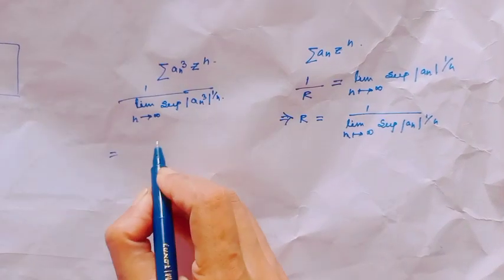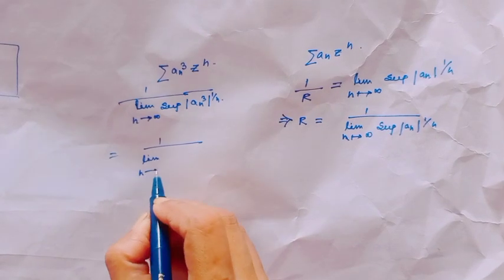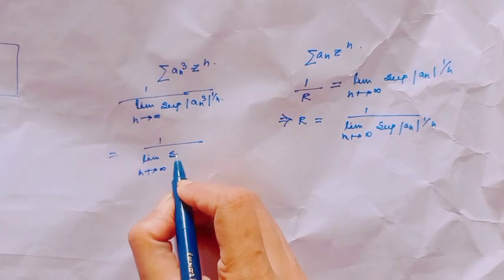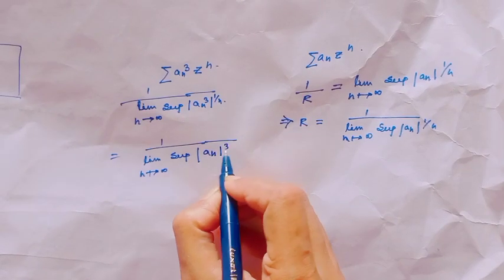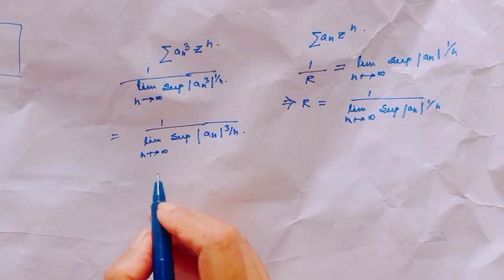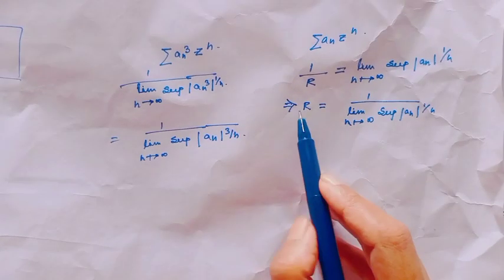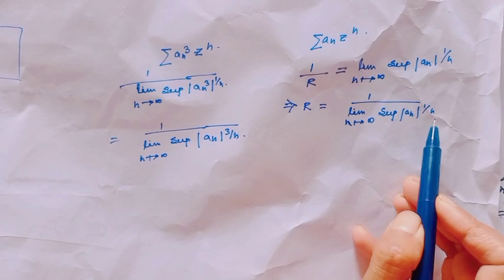Therefore, this is equal to 1 over limit n goes to infinity supremum of a n to the power 3 over n, and obviously given r equals 1 over limit supremum of a n to the power 1 over n.